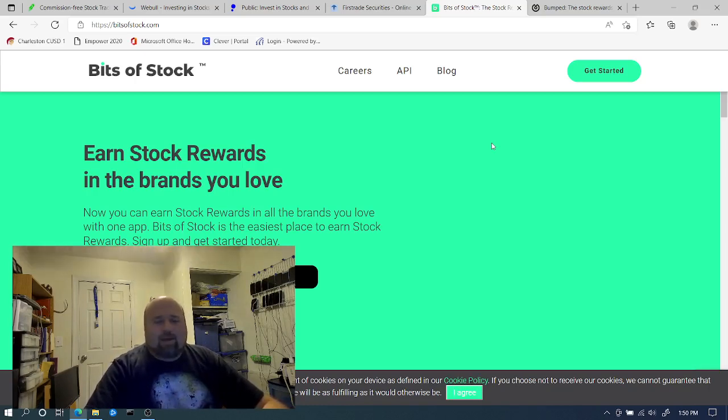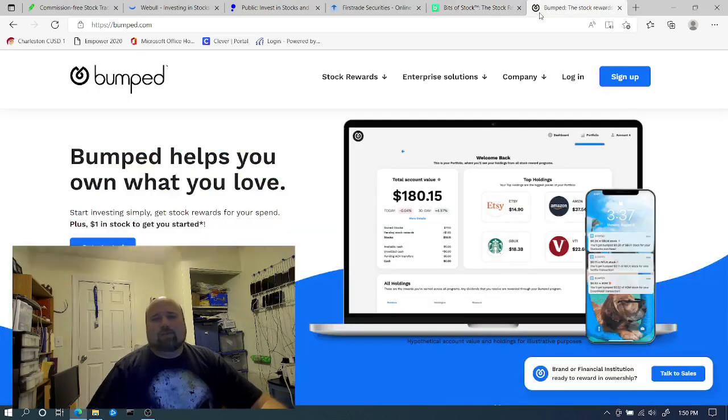McDonald's, I get rewards back from Bumped for McDonald's, because I have it chosen as one of my stock picks. So usually it ends up being something really low, like a 1% or 0.5% or something like that. But over the last few years, I've picked up probably around $75 or so worth of stock in McDonald's, just from purchasing my kids' Happy Meals and such.